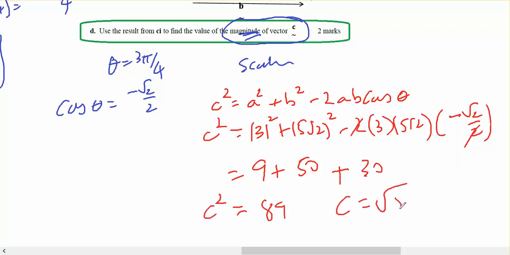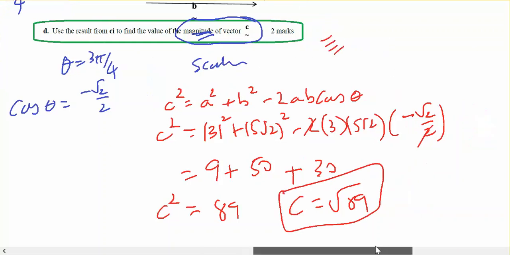C is the square root of 89, is my answer to the magnitude of vector C.